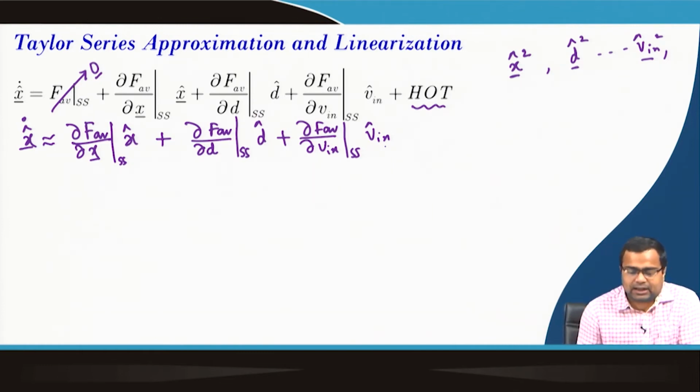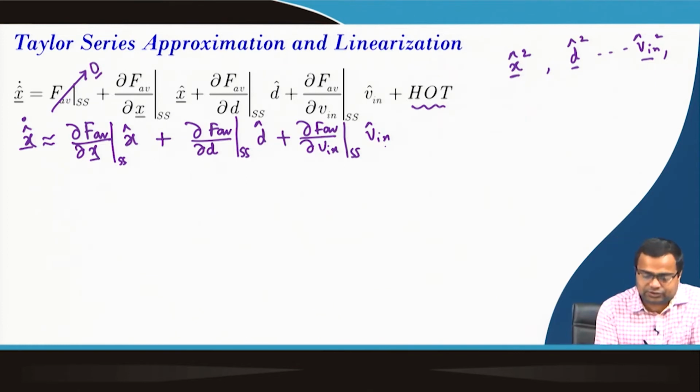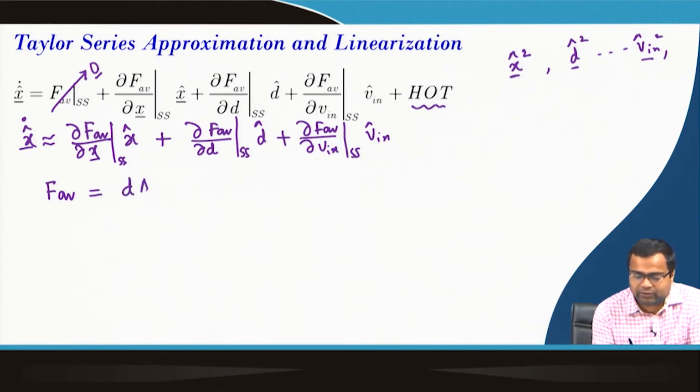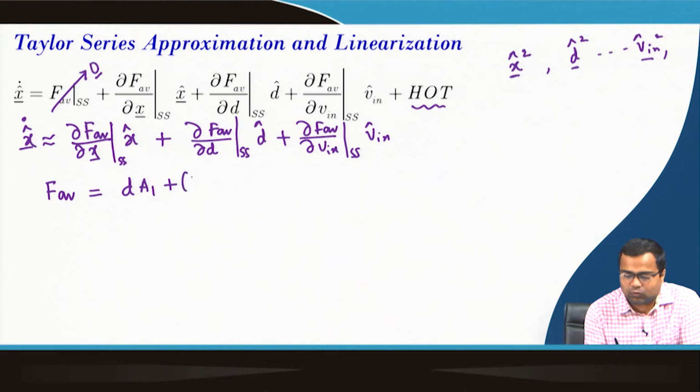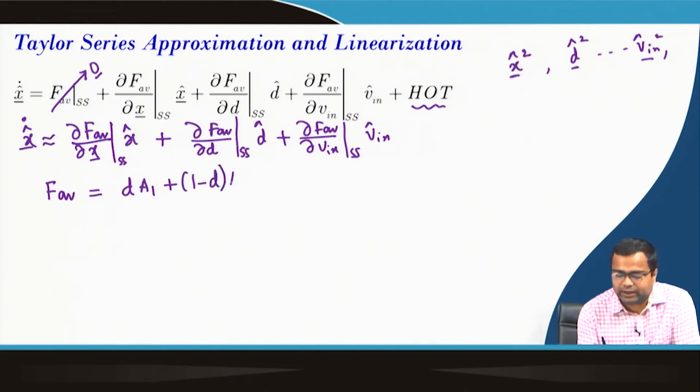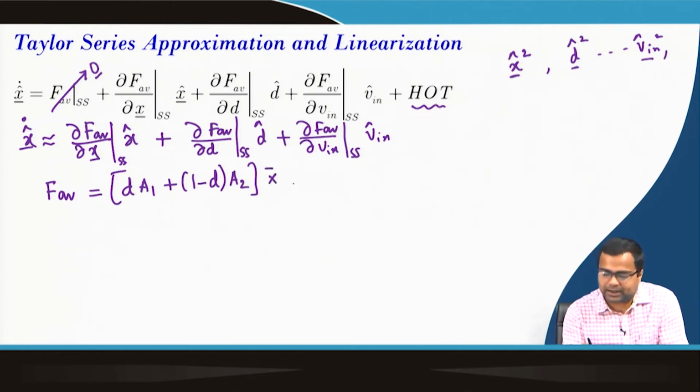Now, the next part, how do you find out f average? So, what is f average? If we write f average, we know it was d into A1 plus 1 minus d into A2, times x, plus d into B1 plus 1 minus d into B2, times v.